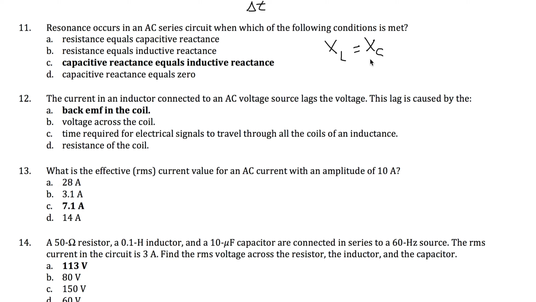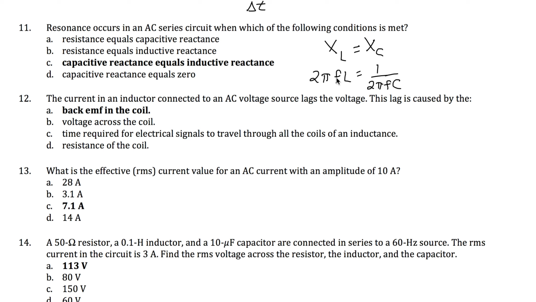What we did is we ended up setting these two equal to each other. This 2 pi FL equals 1 over 2 pi F, and the C is over here in the denominator.